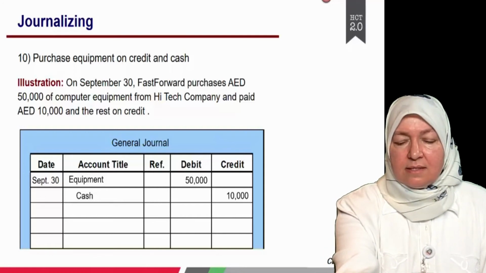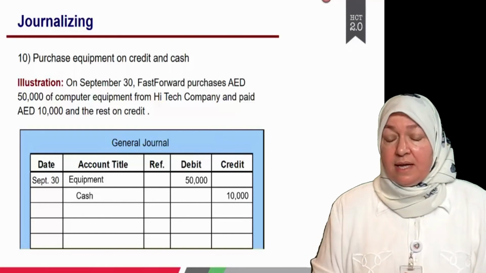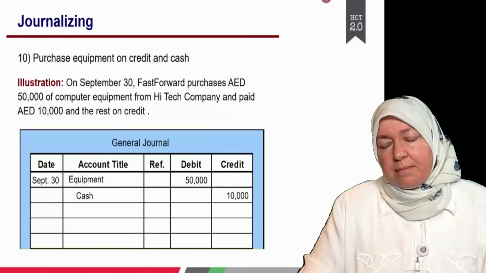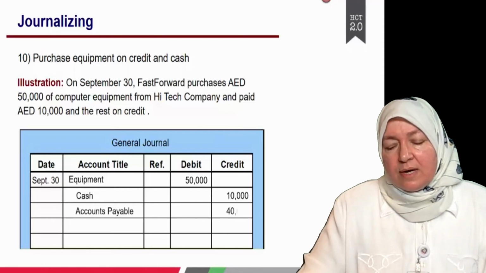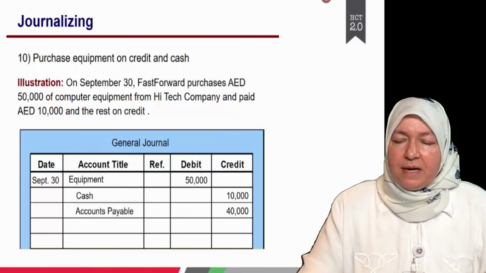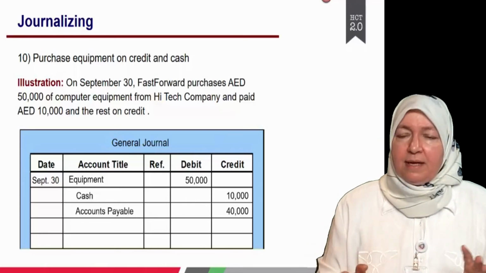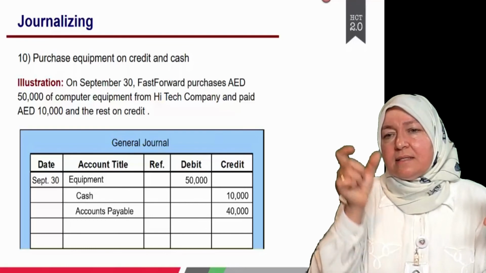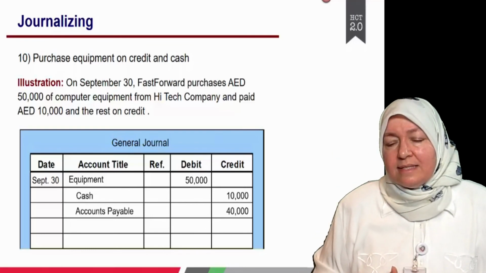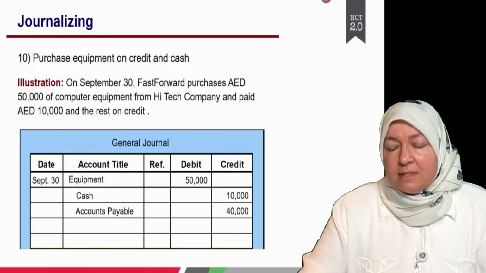As they said, it's on credit, and we have High-Tech Company. High-Tech Company is accounts payable, since we are going to pay them. So accounts payable credit by 40,000. To be assured, accounts payable is always a liability, and its normal balance is credit, so we want to increase our liabilities towards High-Tech Company, so it comes on the credit side.